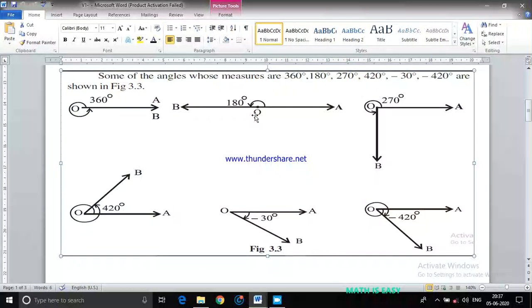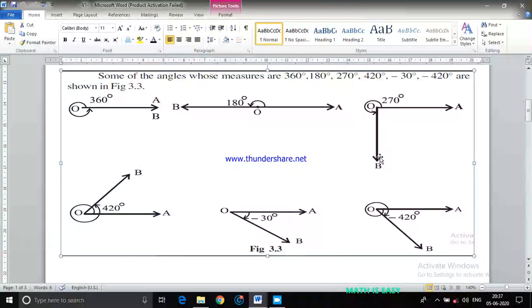Next one you have is 180 degrees. I think everybody knows 180 degrees. If OA and OB are in opposite directions, then we can say the angle between them is 180 degrees. 270 means, I know this will be 90 if I draw a line this way. If I draw here, that will be 180.